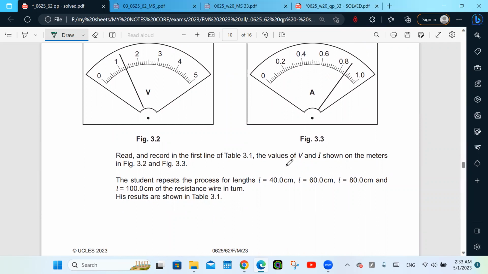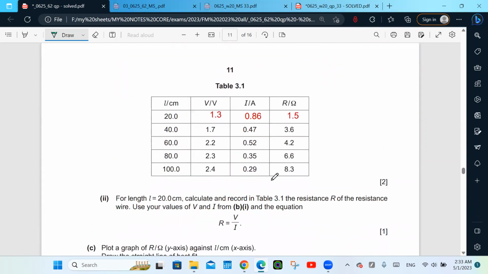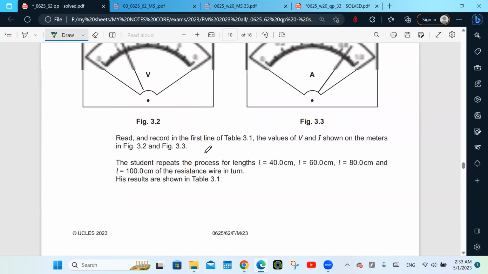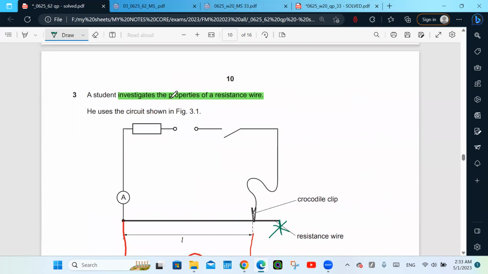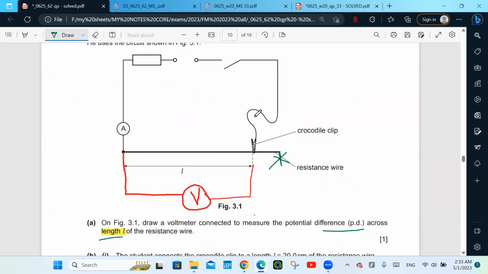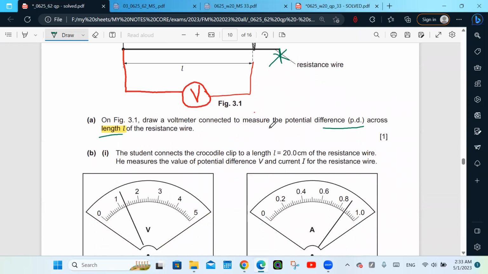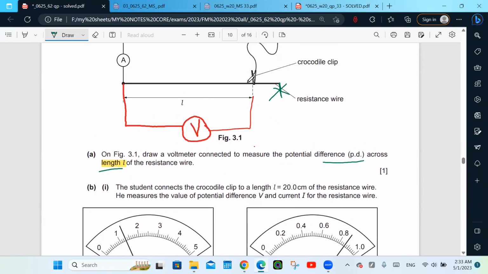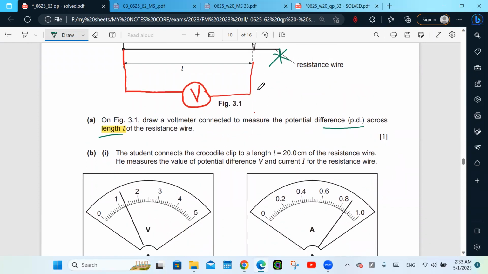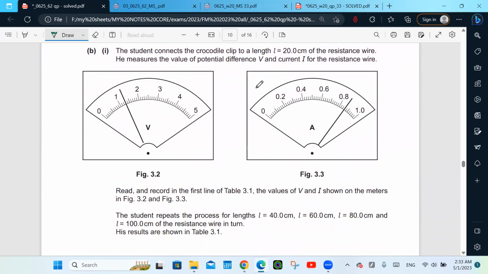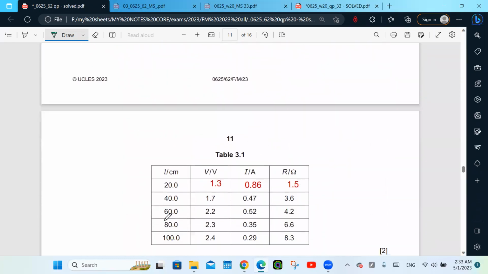He takes the values as shown for different lengths of the wire, measuring the volts and the current in amperes, because the investigation asks what the relation is between the length of the wire and the resistance, and how the resistance is affected by the length of the wire. So as we said at the beginning of the video, as you increase the length of the wire, of course the resistance of the wire will increase. Okay, and record the readings here in the table.